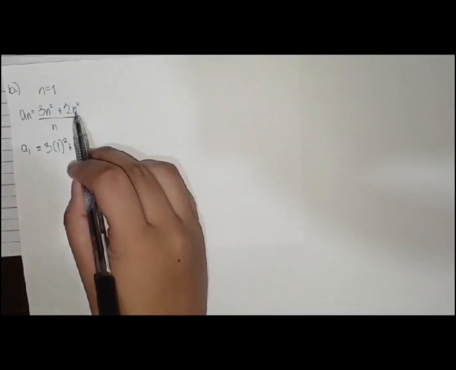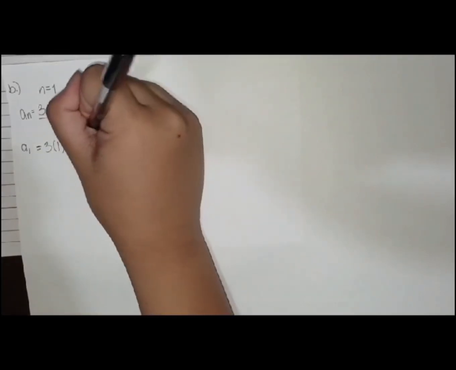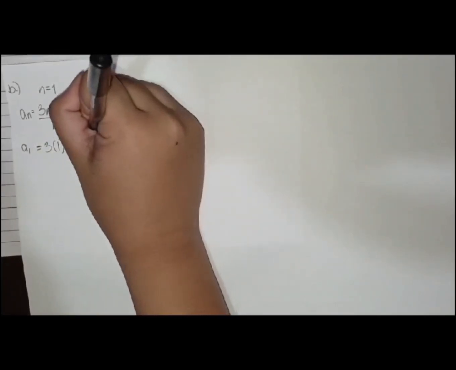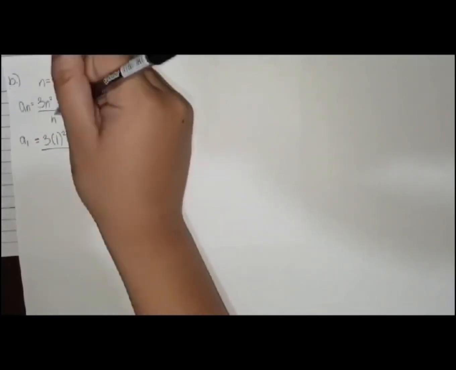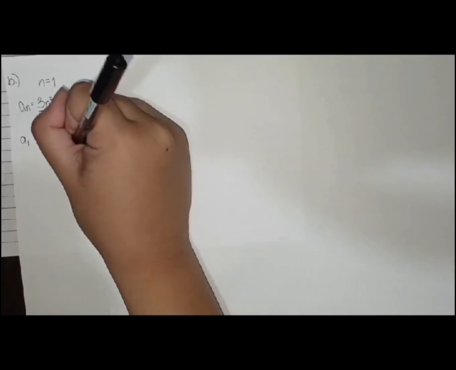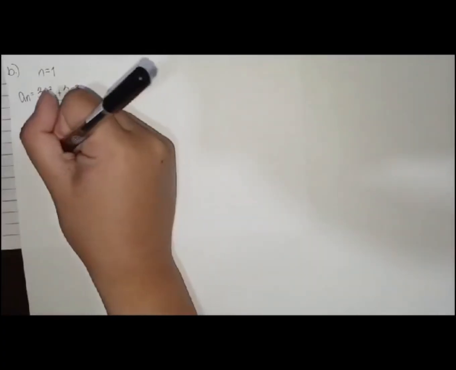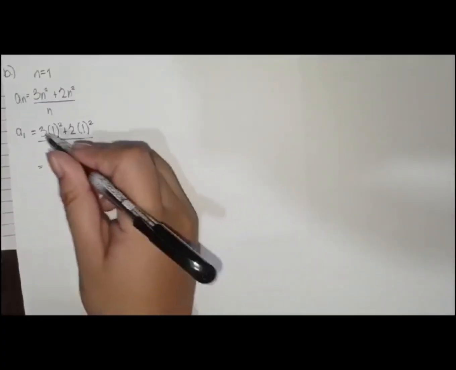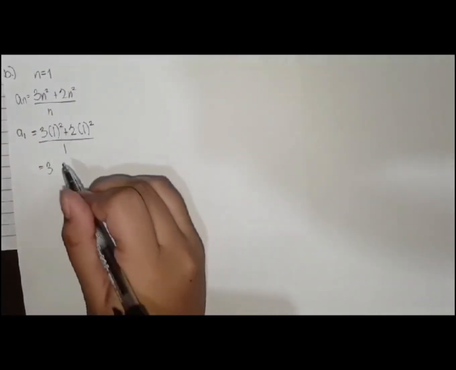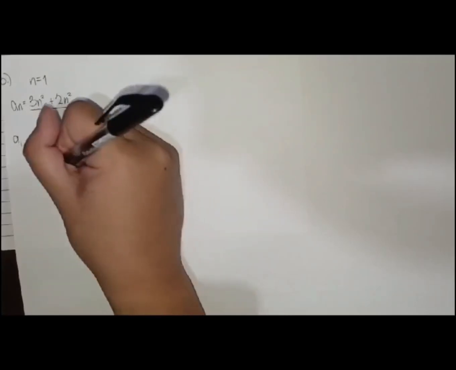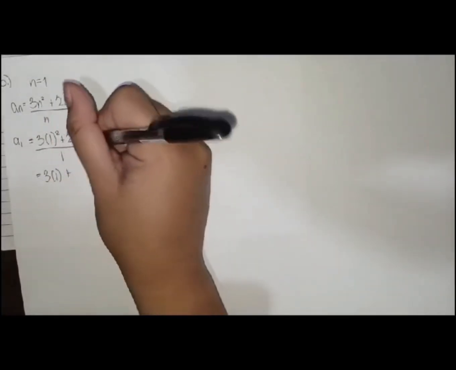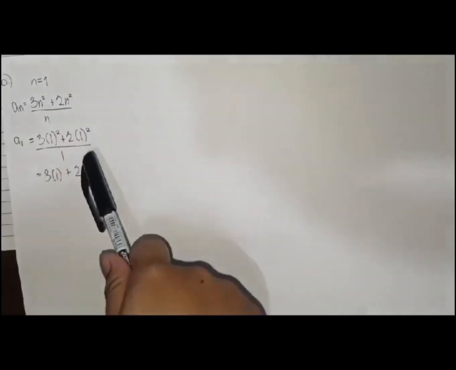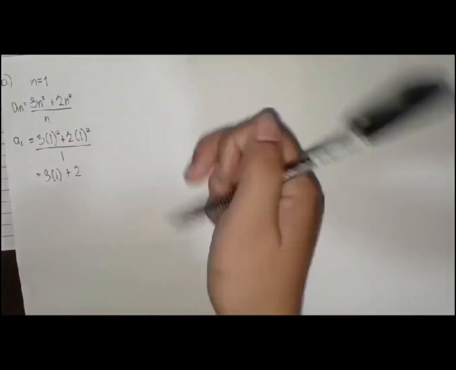Let us substitute the value of our n again, which is 1 raised to the power of 2, over n, or over 1. So let us copy the 3 here. 3. So 1 times 1 is 1, plus, let us copy the 2, and then 1 times 1 is 1 also.